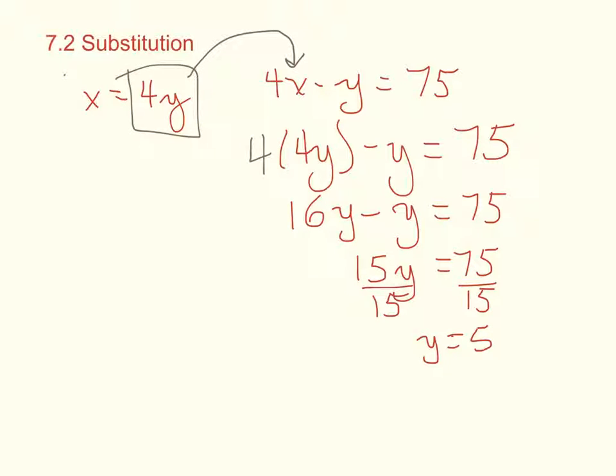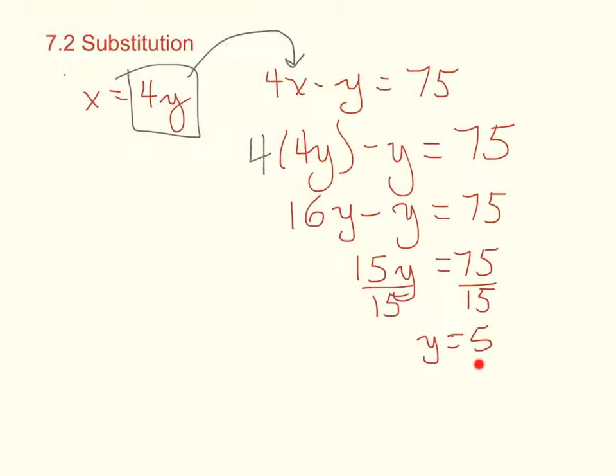Okay, well, our goal at the end is to get an ordered pair. So we don't have an ordered pair yet, we just have our y value. So we'll take y is equal to 5 and plug it back into this first equation to help us find out what x is.